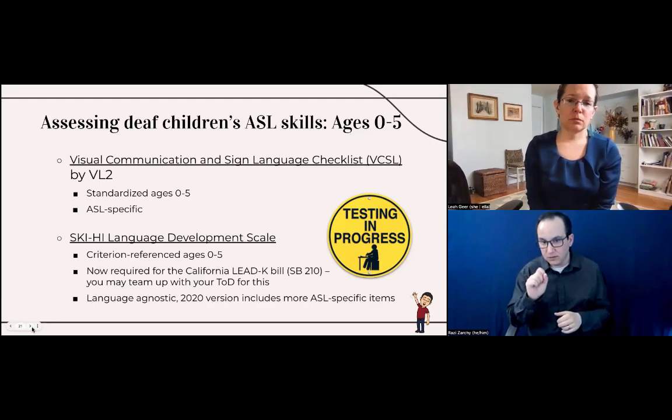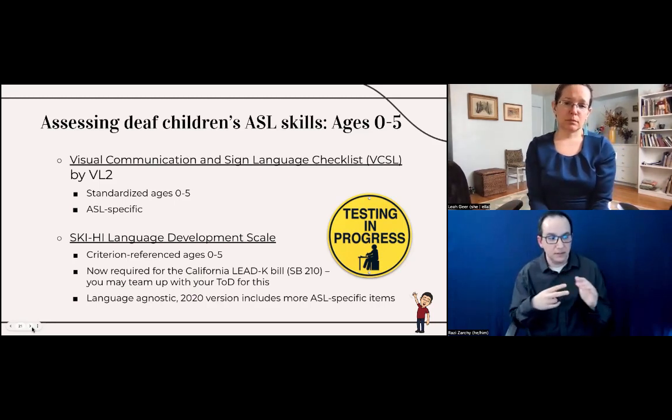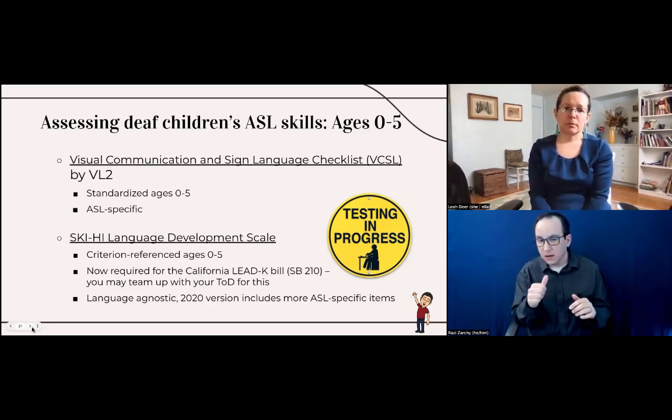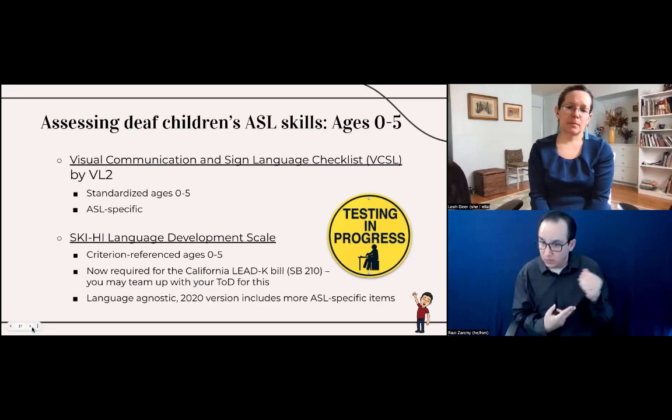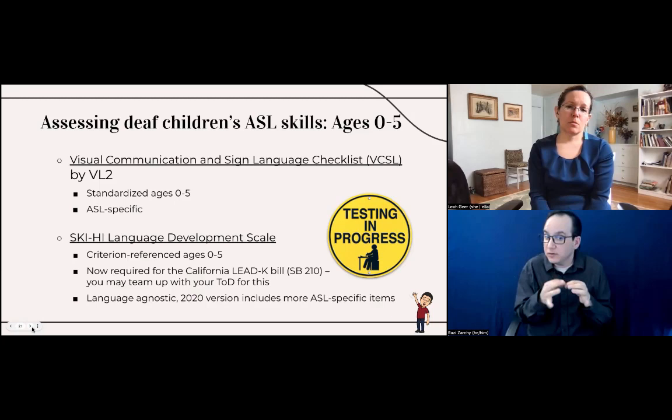this is language agnostic, which would mean it doesn't have to specifically apply to one specific language, but it does focus on English and ASL. So it does have some areas for both and a little bit of overlap.